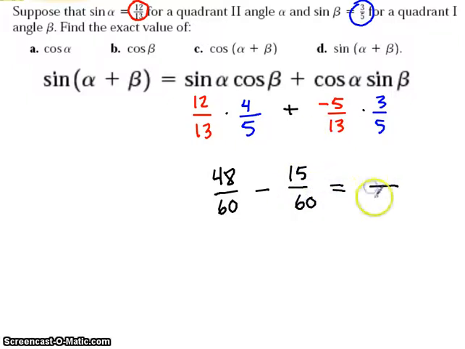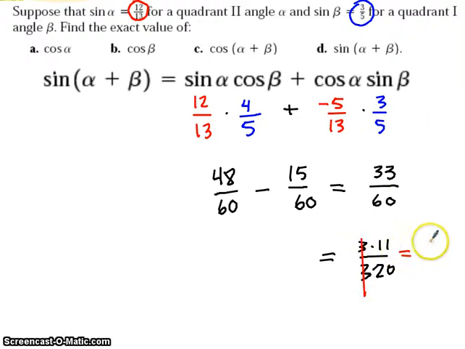We have the same denominator, which is 60, and we have 48 minus 15, which gives us a 33. And that can be reduced, right? 33 is 3 times 11, and 60 is 3 times 20. So we end up with 11 over 20 for that one there.